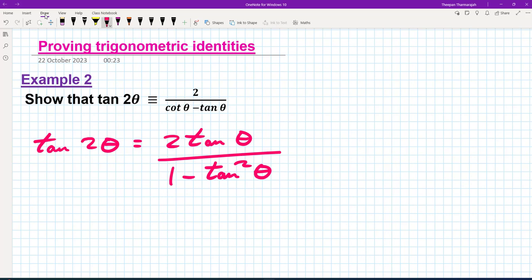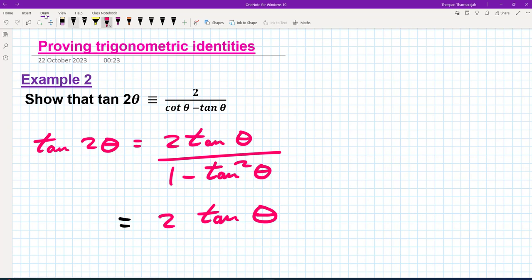Because I want to get a 2 on the top, if I divide the top by tan theta, I'll get a 2. But I need to be consistent. I need to divide everything by tan theta. So I'm going to write that out again here, but I'm going to leave a little bit of space so you can see that I'm dividing everything by tan theta.